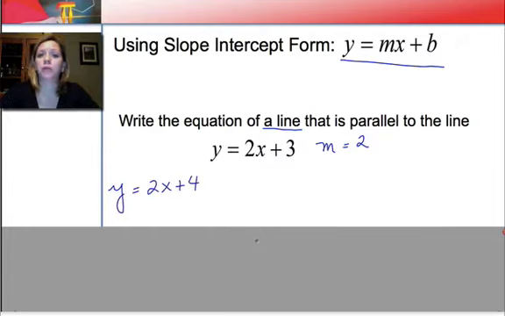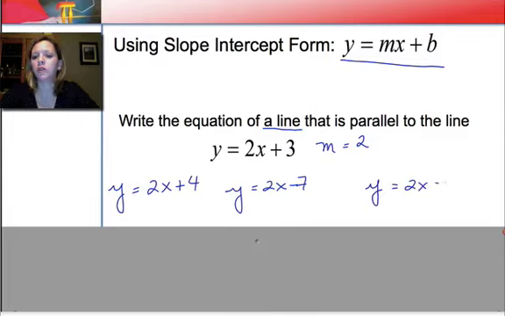So y equals 2x plus 4 would be parallel. y equals 2x minus 7 would be parallel. I'm just making up these intercepts. The slopes just have to be the same. We can have y equals 2x plus 1027. As long as the slopes are the same, the lines are parallel.